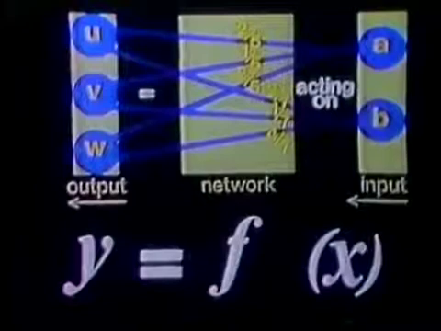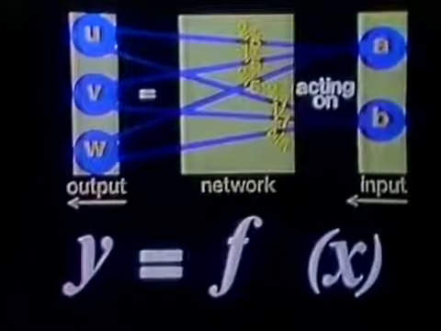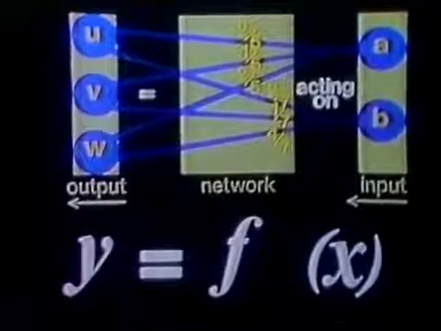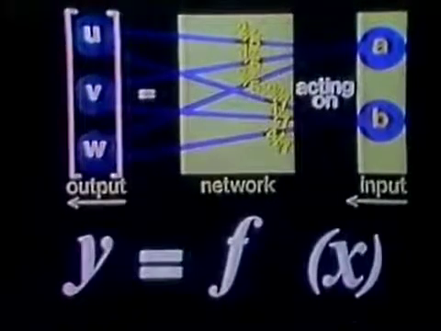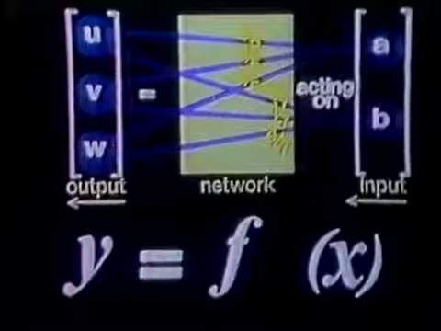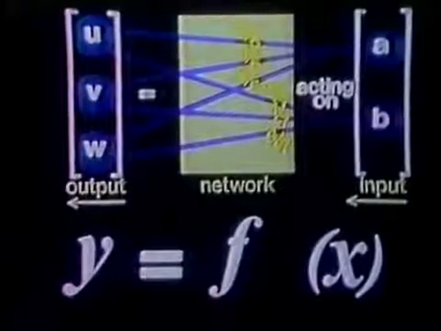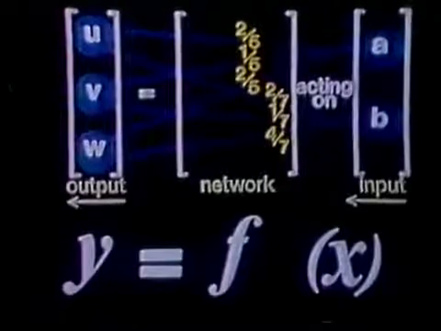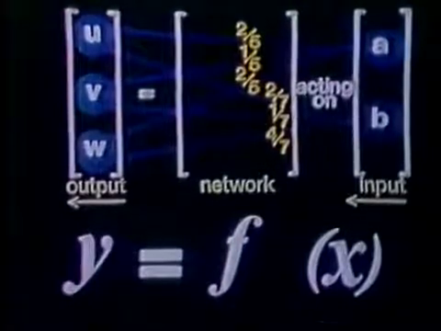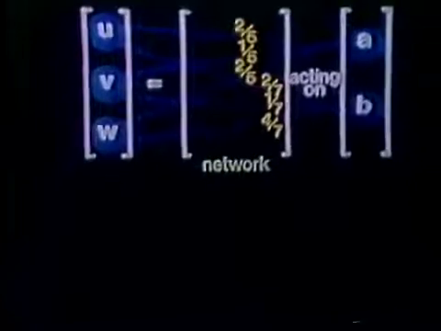We represent the 3 components with 3 matrices. Our output matrix contains the quantities U, V, and W, and our input matrix the quantities A and B. And the matrix for our network will contain the 6 proportions, not just as they are, but rearranged in a rectangular pattern.